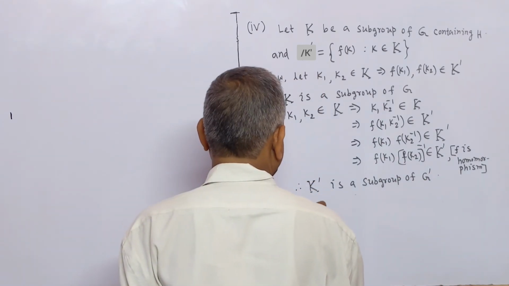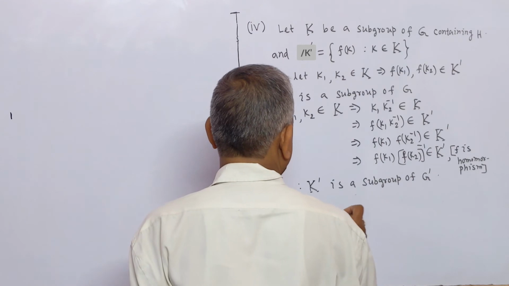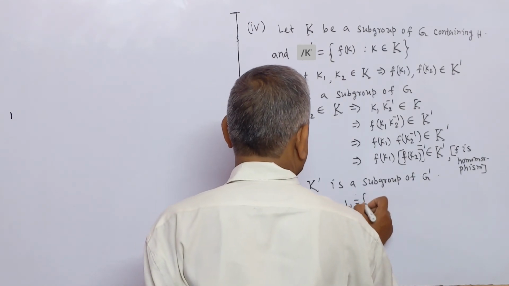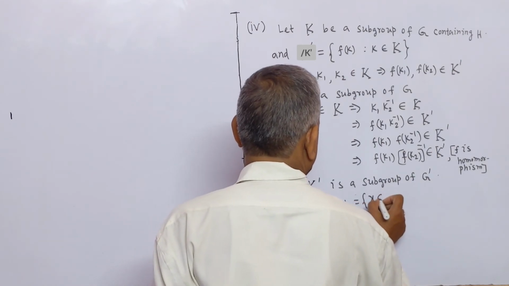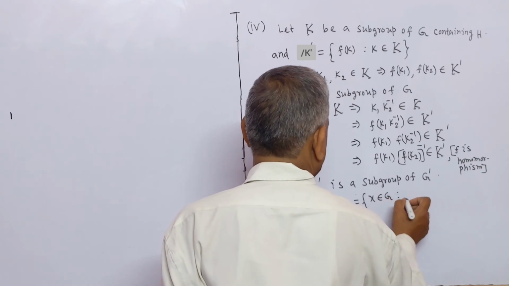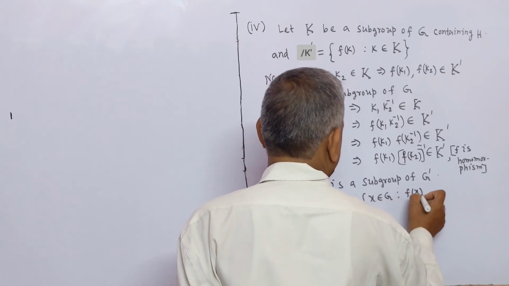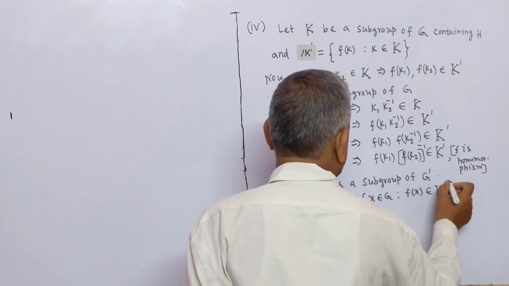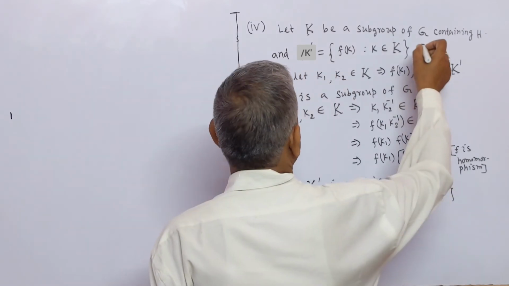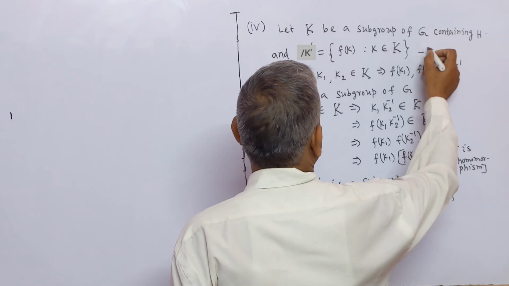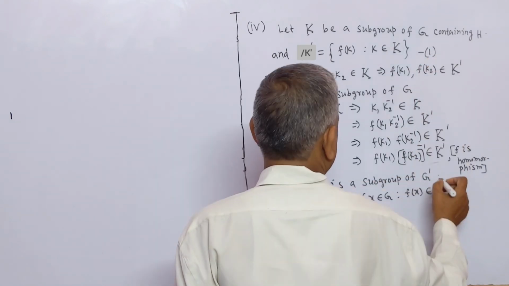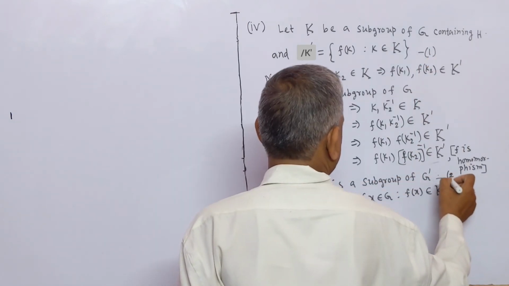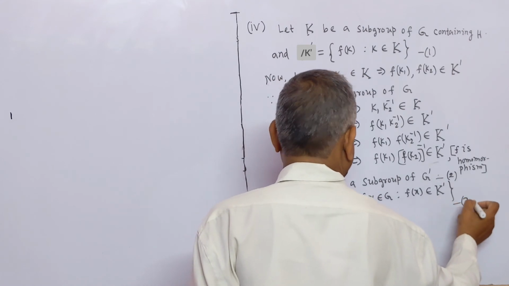Now let L is a set containing elements of G such that f x belongs to K prime. This is number 1, this is number 2, and this is number 3.